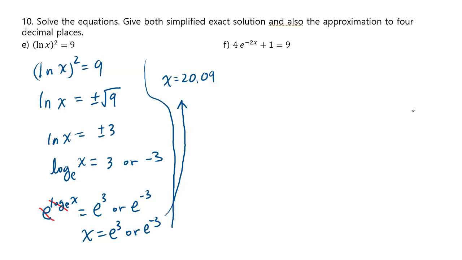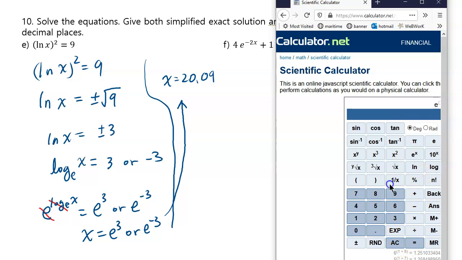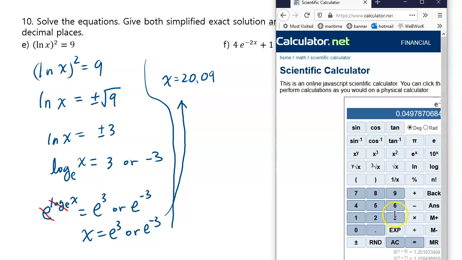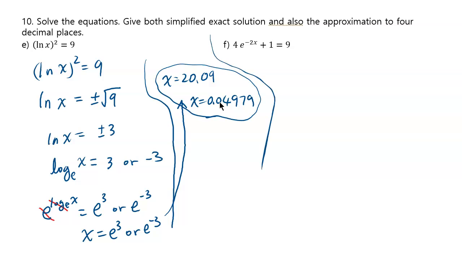On the other hand, if you have e to the negative 3, let's see what that gives us. E to the negative 3 is 0.049787, so it rounds to 0.04979. Okay, so these are the numeric answers with 4 significant figures.